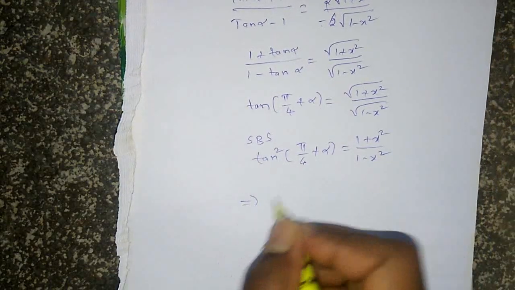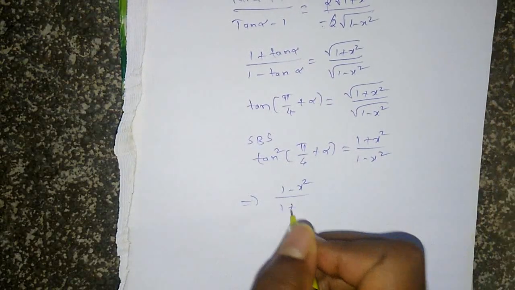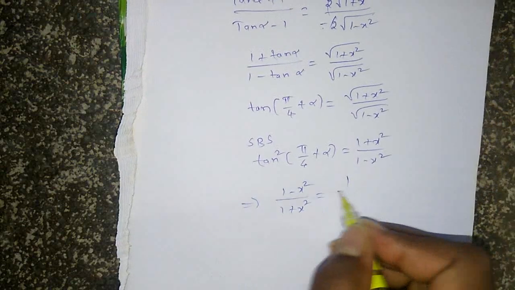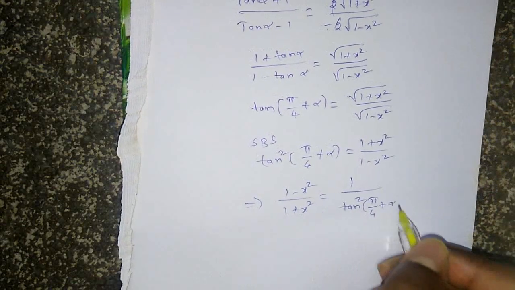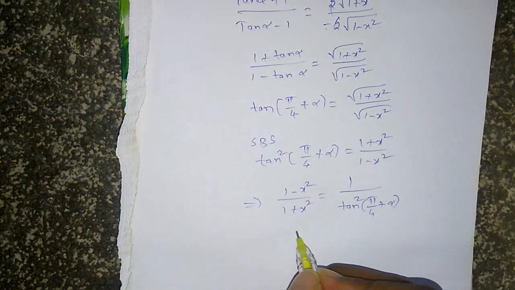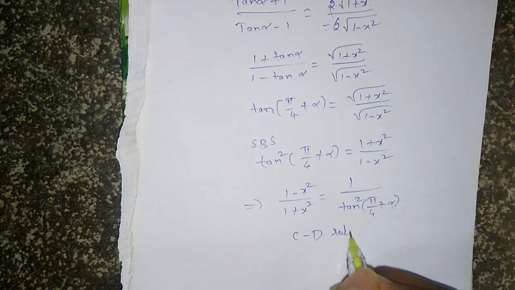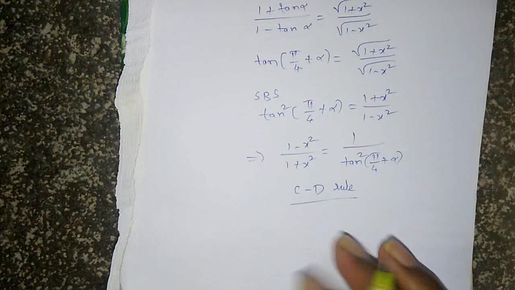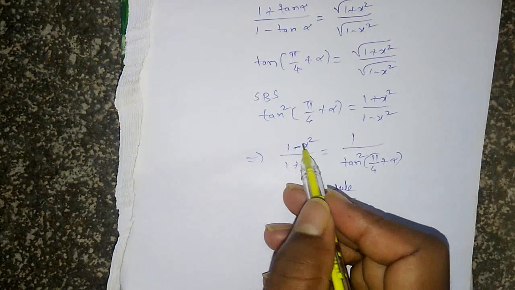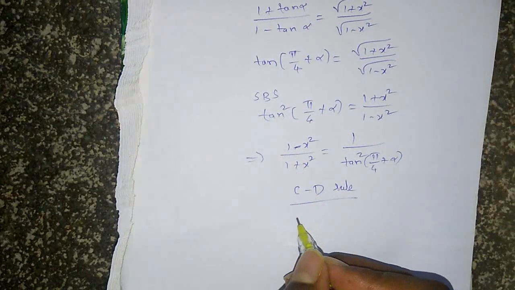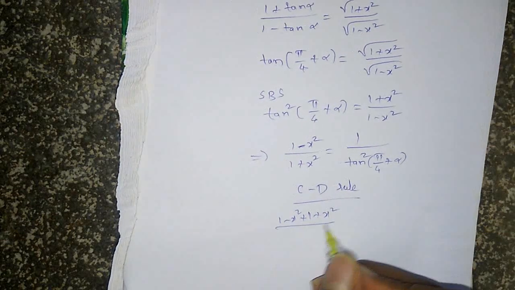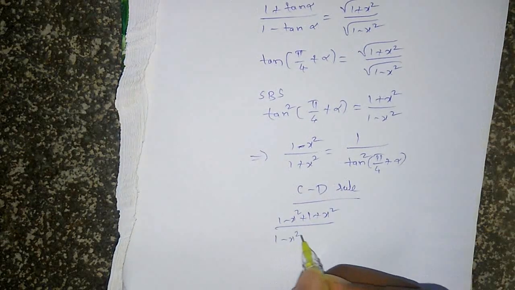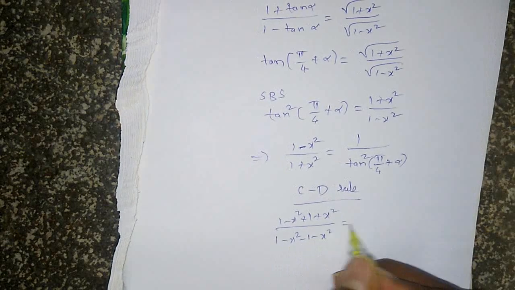So this is also equal to (1 minus x square) by (1 plus x square) is equal to 1 by tan square of (pi by 4 plus alpha). Now apply componendo and dividendo rule. So first adding means (1 minus x square plus 1 plus x square) divided by (1 minus x square minus 1 minus x square).